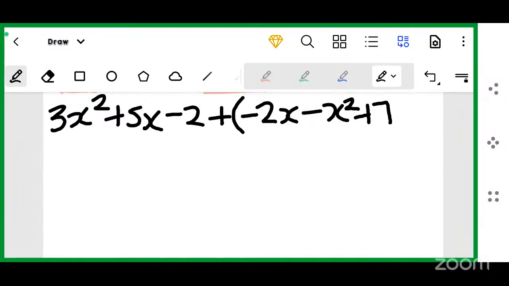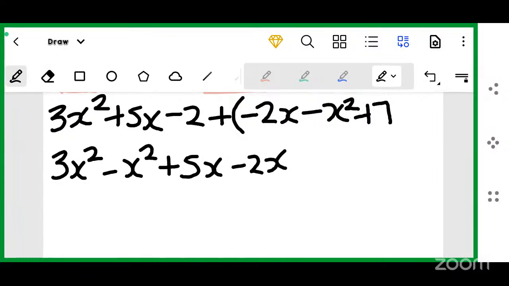And then I wrote, which equals 3x to the power of 2 minus x to the power of 2. And then I wrote plus 5x minus 2x.